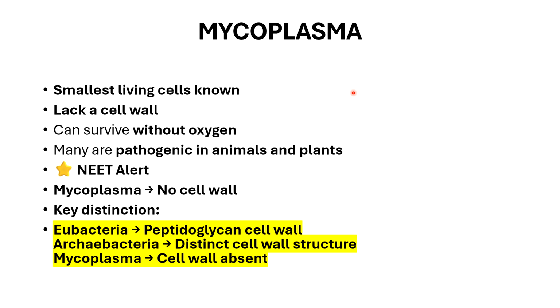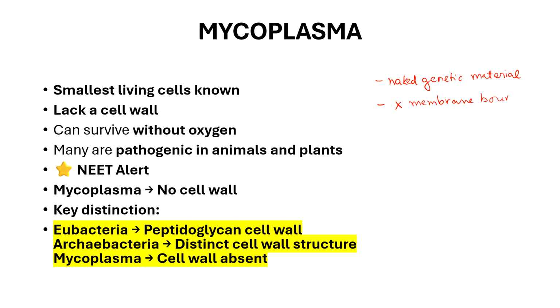Now, you must be wondering, if Mycoplasma lacks a cell wall, why is it placed under bacteria? This is because it shares other important characteristics with Monera. What are they? It has naked genetic material, or non-membrane bound genetic material, just like the prokaryotes. Second, it lacks any membrane bound organelles.